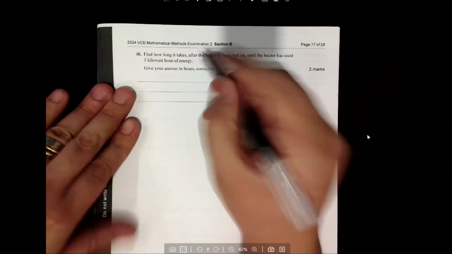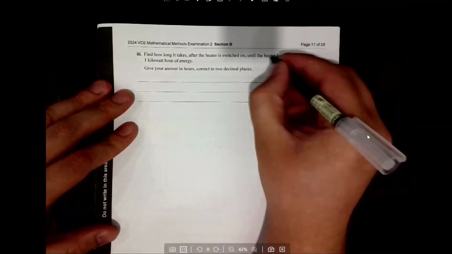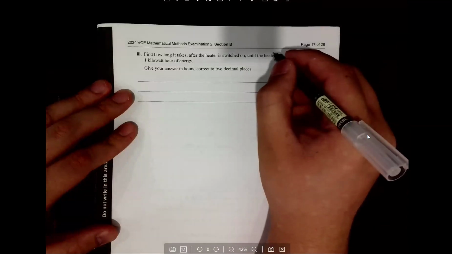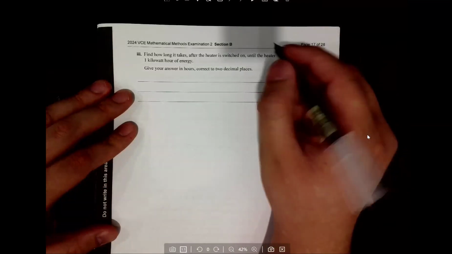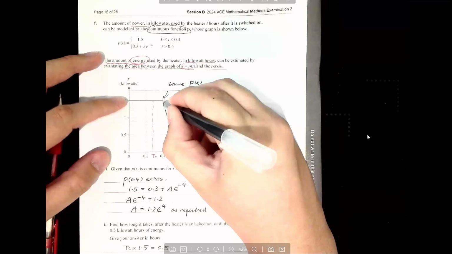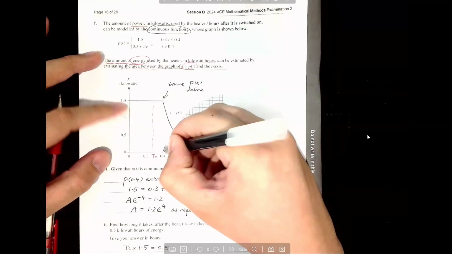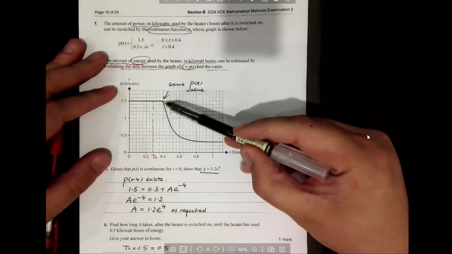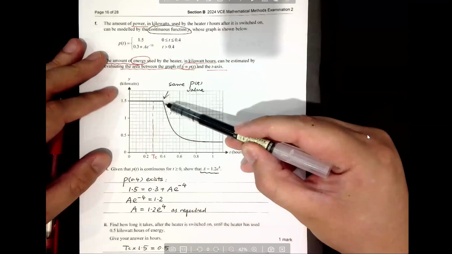And find how long it takes after the heater is switched on until the heater has used 1 kilowatt hour of energy. Give your answer in hours. Now you need to round it correct to 2 decimal places. Well, do a quick estimation. Up to this rectangular area, the width is 0.4, the height is 1.5.